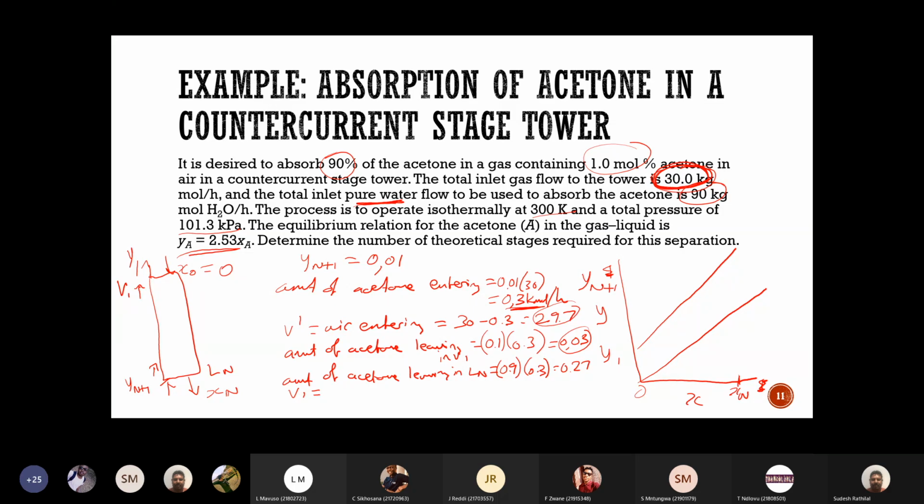So the total V1 will be equal to 29.7 plus 0.03, which works out to be 29.73.